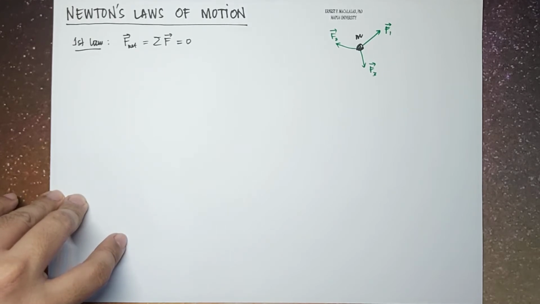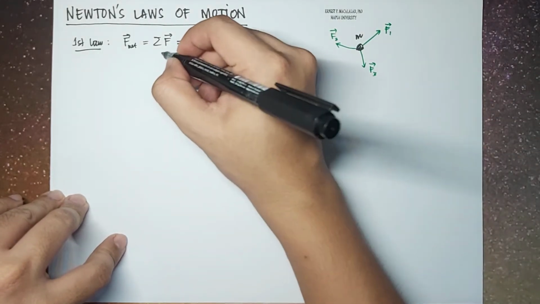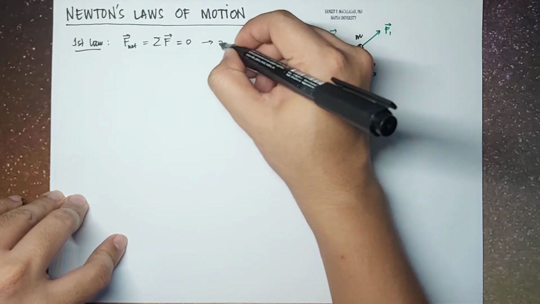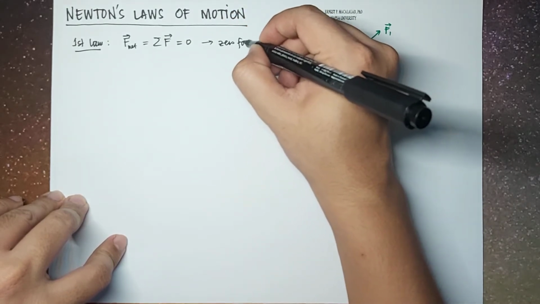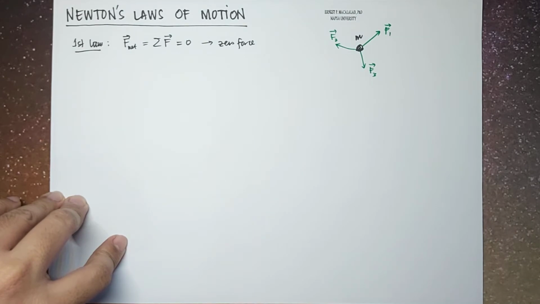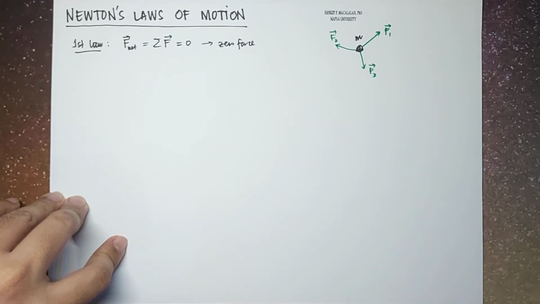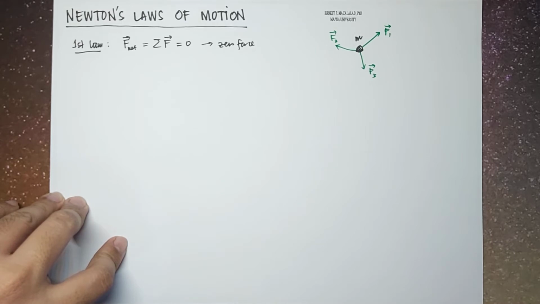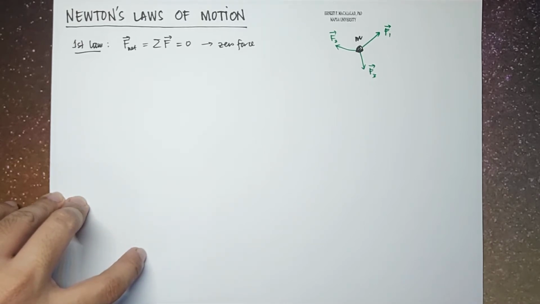Now, the first law conveys the physical meaning of what we call the zero force. That means a particle or a body will remain at rest or in uniform motion if it is subject to no force whatsoever. When you say no force, we're talking about no net force.